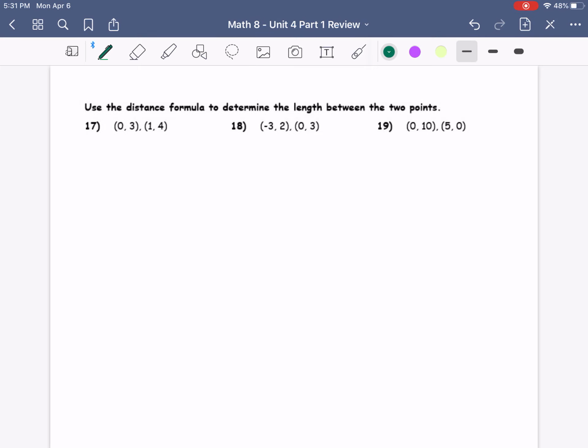Alrighty. Last problems, using the distance formula to determine the length between the 2 points. So if you have forgotten the distance formula, just write it down. Sorry. So the distance formula is the square root of x2 minus x1 squared plus y2 minus y1 squared. So set 1, x1, y1, set 2, x2, y2.